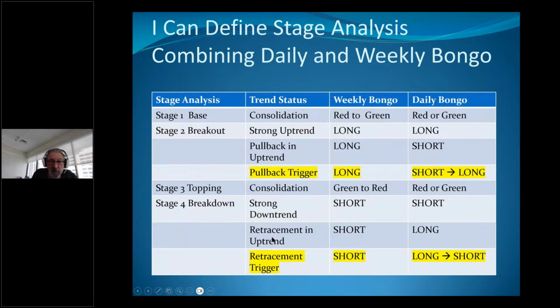And it turns out that the bongo actually can help me identify not only where those stages are, but again, the scanning aspect, the exploration, looking for that pullback in an uptrend or retracement in a downtrend. Now let me show you how I use what I learned from Weinstein and what I learned from the bongo to create an effective, for me, timing model.